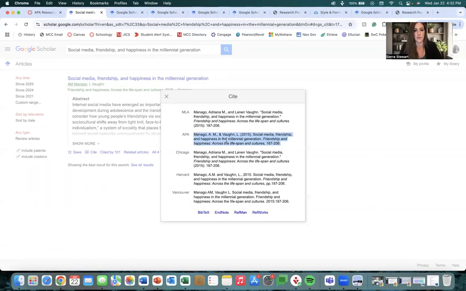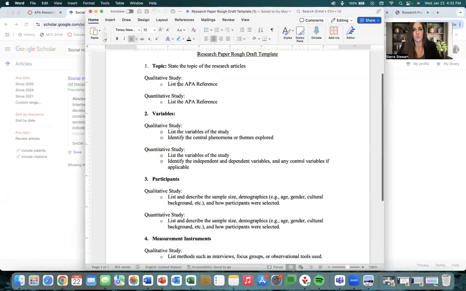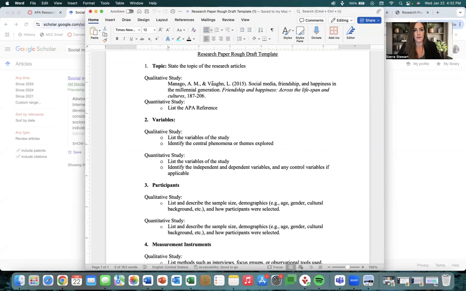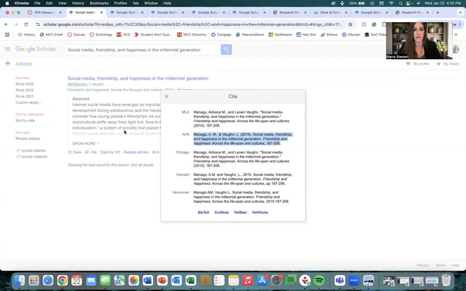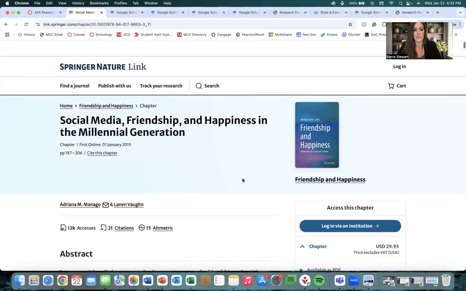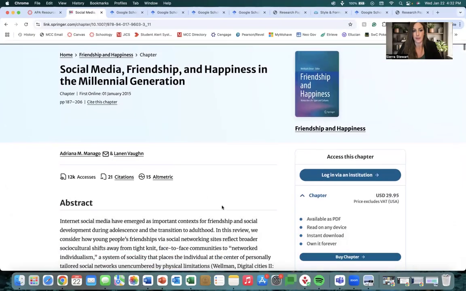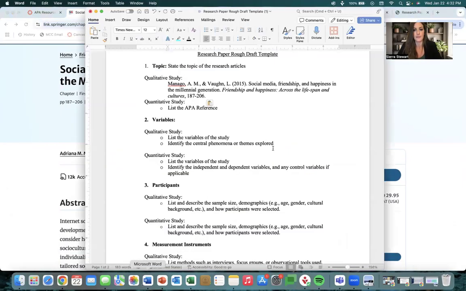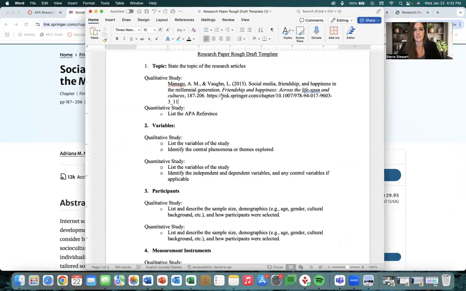All right, so let's do that. Copy. We're going to go to our template. You could list it right here. Paste. And then the only last thing that we would need is if we would actually go here and then we need to find the hyperlink. All right, so if you want to do this, copy, paste, then we have it.